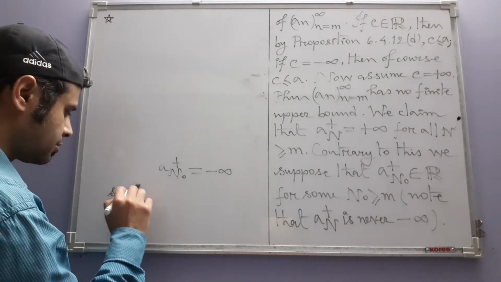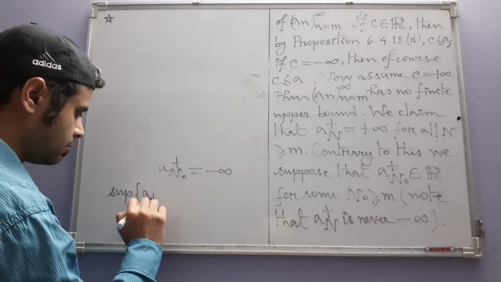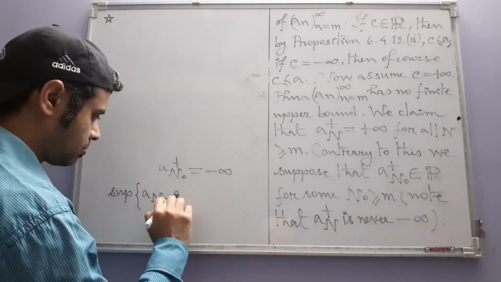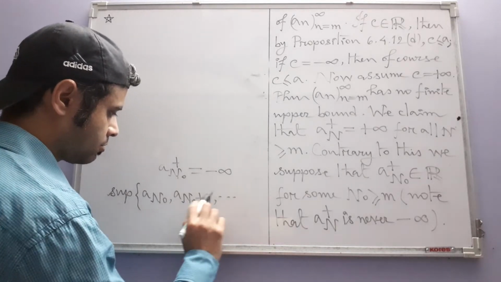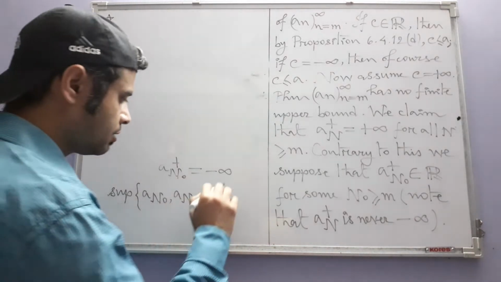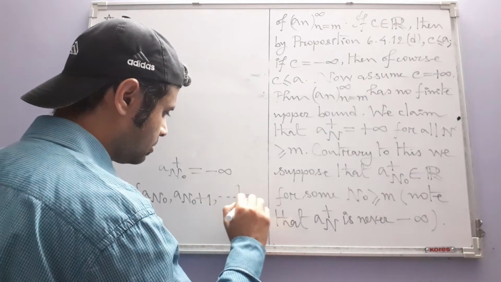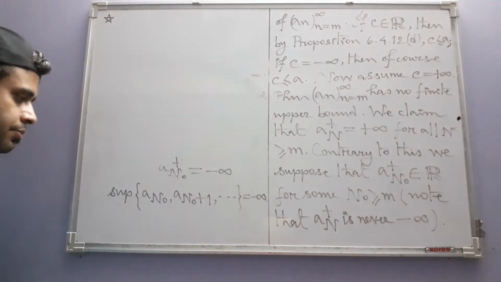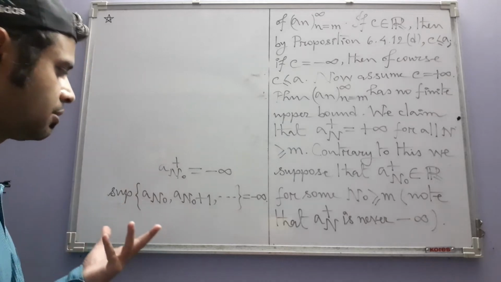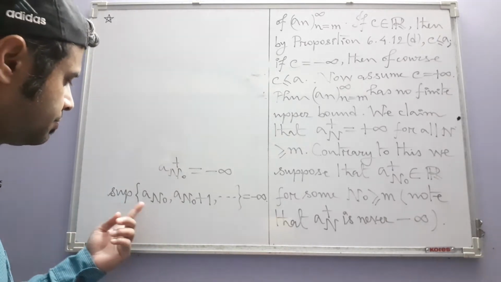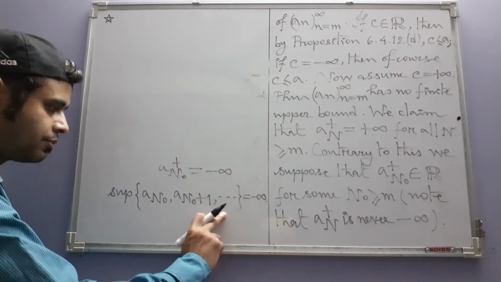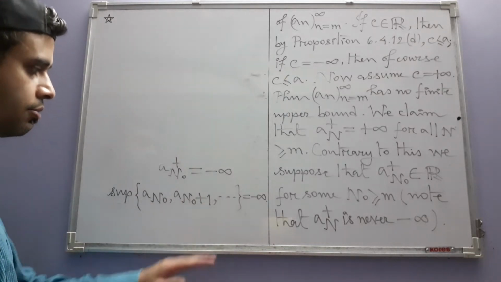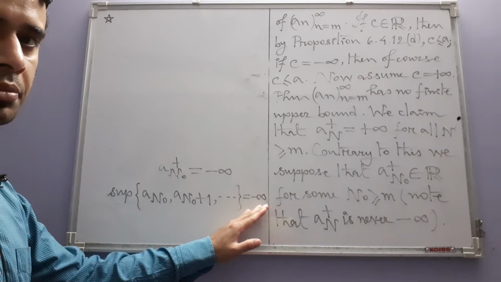By definition, it's the supremum of this set, a n naught, a n naught plus 1, and so on for higher values of the indices. This is minus infinity. Because the supremum is greater than or equal to all the elements of this set, all of these elements must be less than or equal to minus infinity.